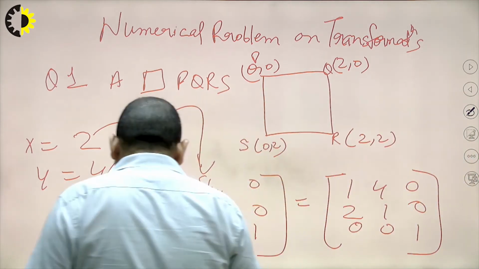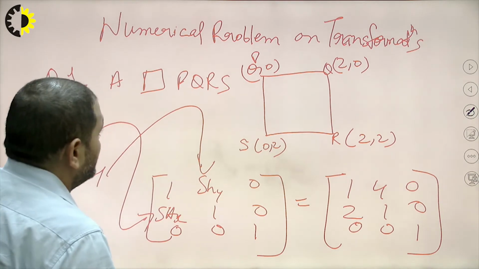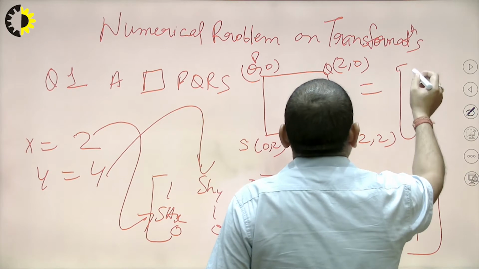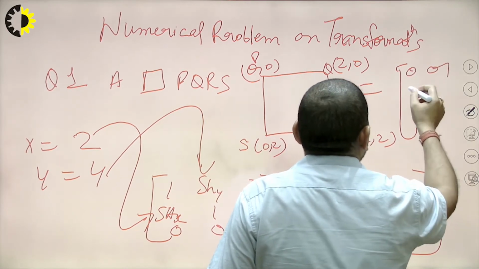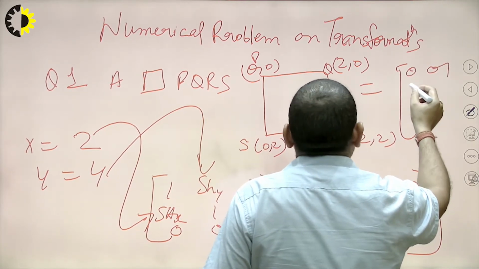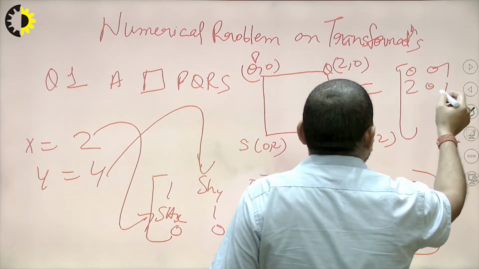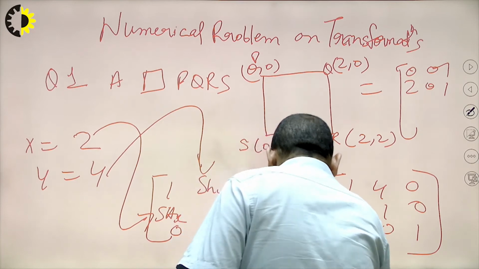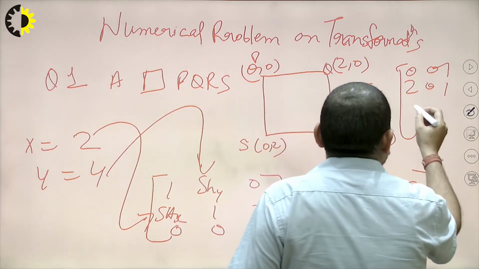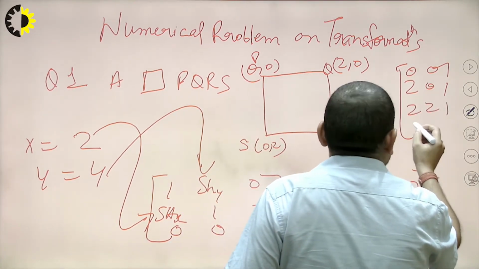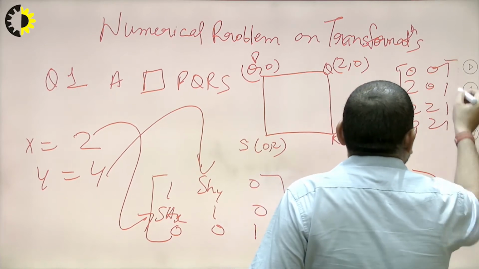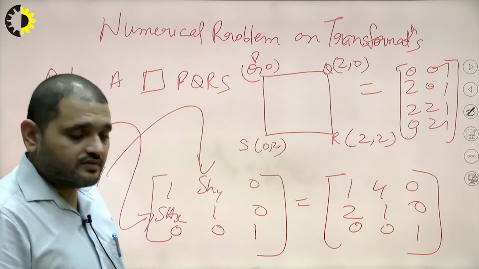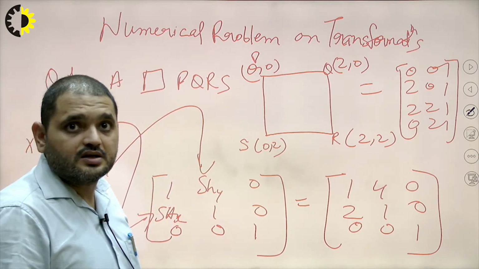Writing the coordinates of the square in matrix form: 0 0 1, 2 0 1, 2 2 1 and 0 2 1. Multiplying this with the shearing matrix, we can find the new coordinates.